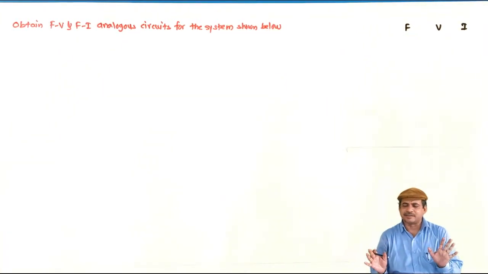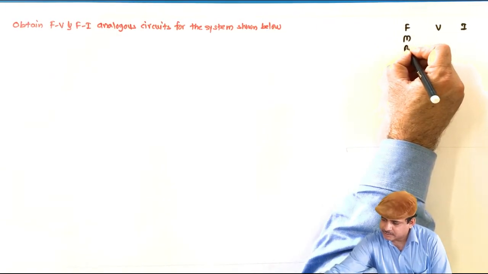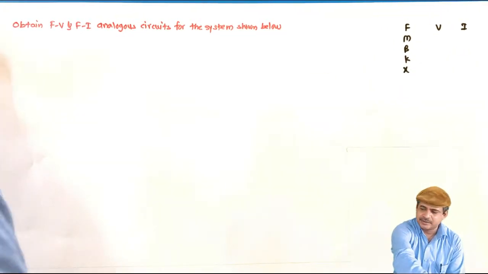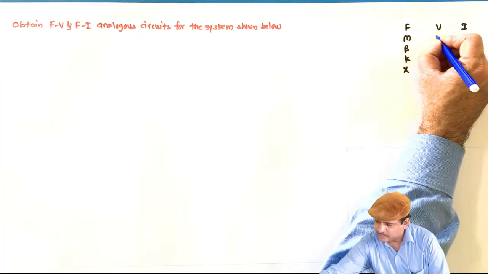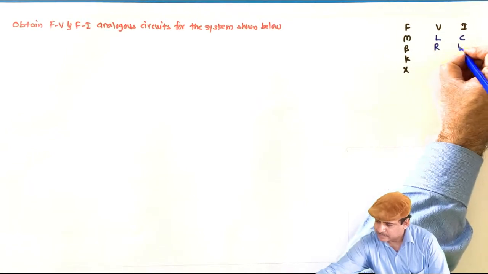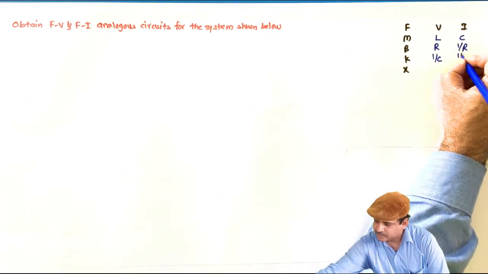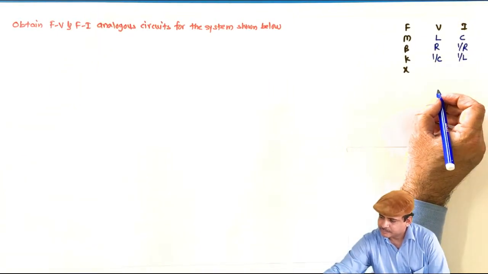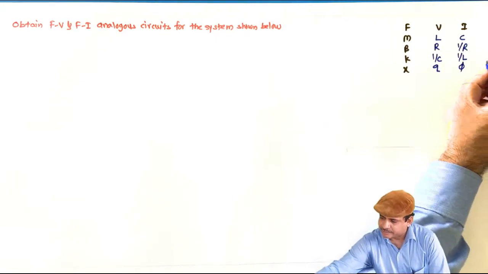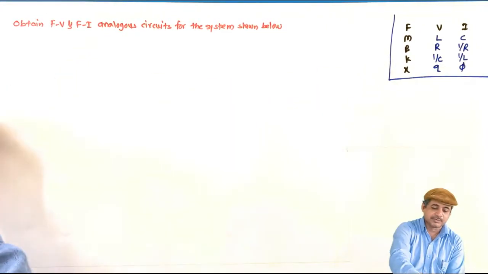Always have this practice. Mass, damper, spring and displacement. These are the required things. So here we have L, C, R, 1 by R, 1 by C, 1 by L, and here we have Q, which is phi. This is required for the replacement.